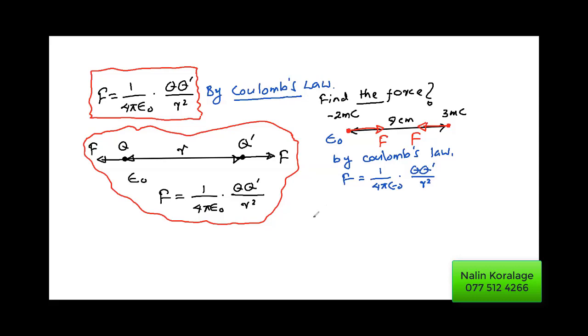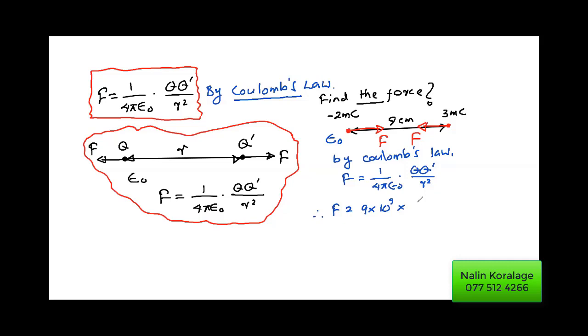So therefore, the force F is equal to the entire block replaced by 9 into 10 to the power 9 multiplied by Q, one charge, that's going to be minus 2 millicoulomb. I told you that the minus and plus signs are there just for us to decide the direction.